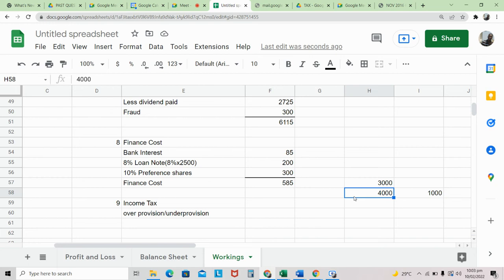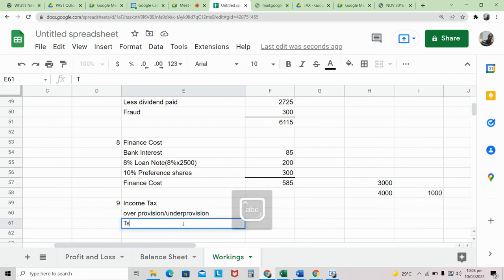So for you to calculate the income tax expense for the current year, you have to find out whether there's any over provision or under provision for the previous year. When you finish, then you will find the tax provision for the current year.